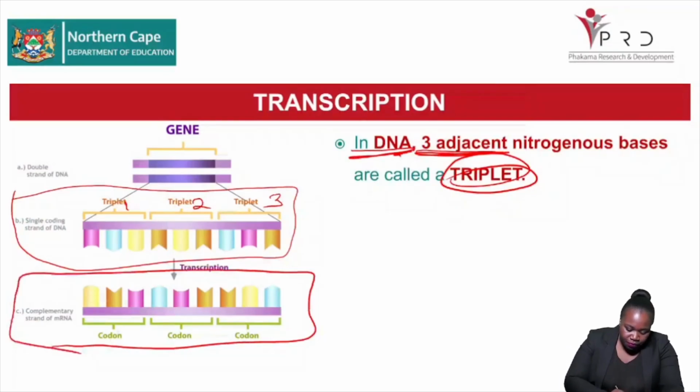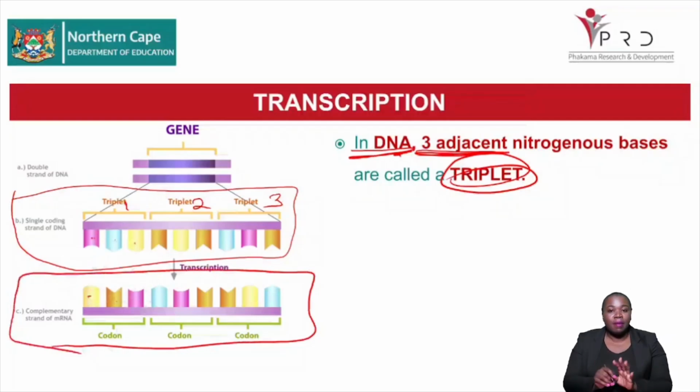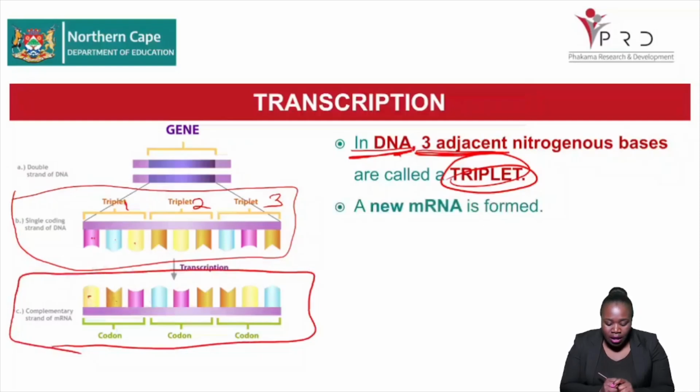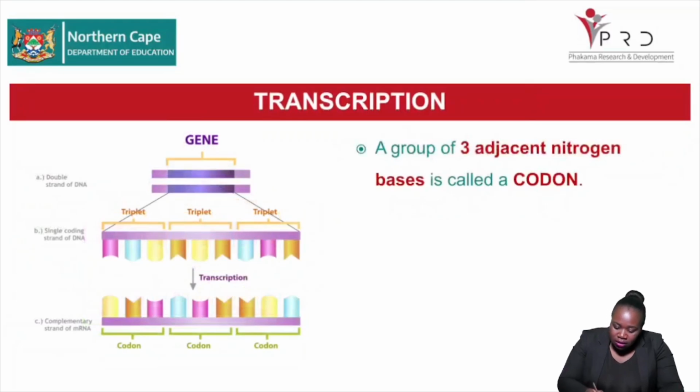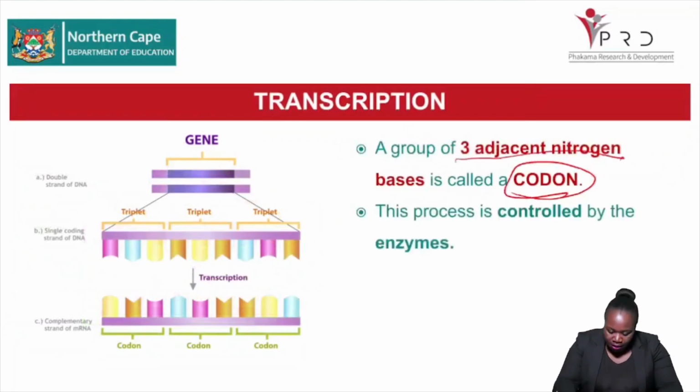The pink pairs with the yellow, the blue pairs with the orange, pink with yellow, as you can see. And then remember, somewhere, adenine will pair with uracil, or uracil will pair with adenine, without any thymine. Right, okay. And then 3 adjacent nitrogenous bases form a codon. We've already spoken about that.